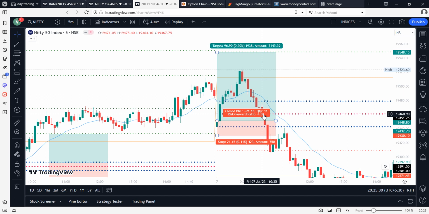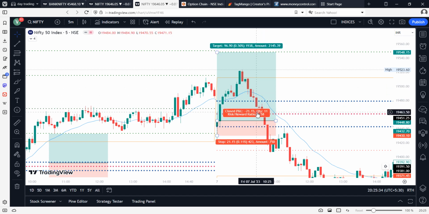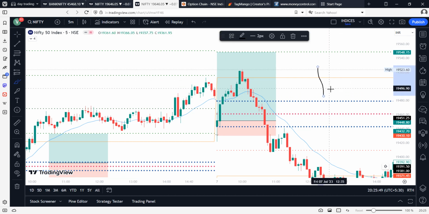Once you reach 2 risk reward, that means around 4.5 if it reaches here, you have to trail your stop loss to 1. When you are having 2, trail your stop loss to 1. Okay? Then it continues, because this is a high risk reward.